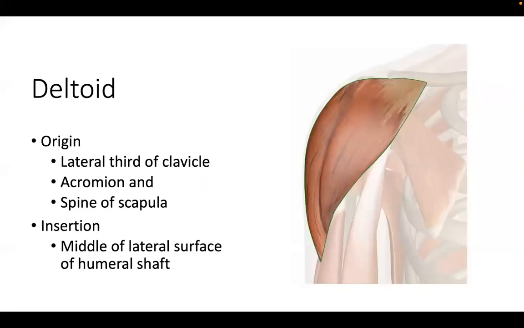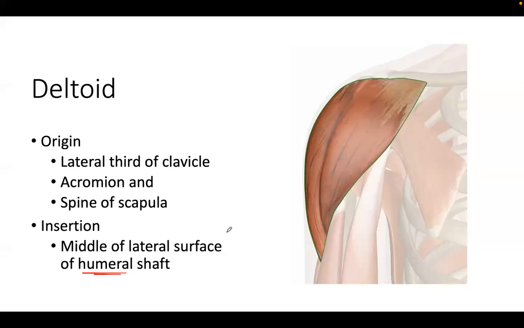Now, the deltoid. Always remember where the deltoid is inserted. The deltoid is inserted in the middle of the lateral surface of the humeral shaft. Please take note of that.